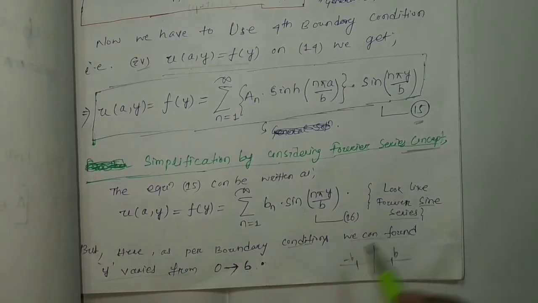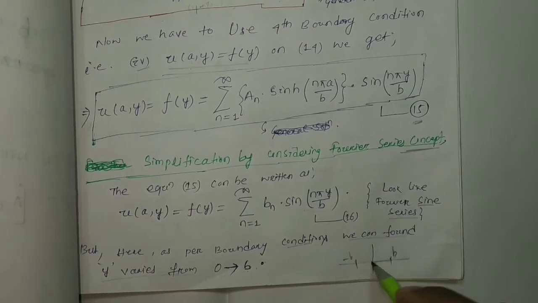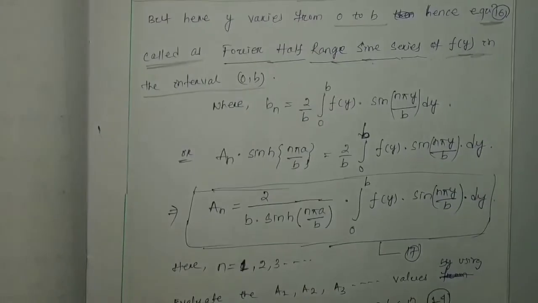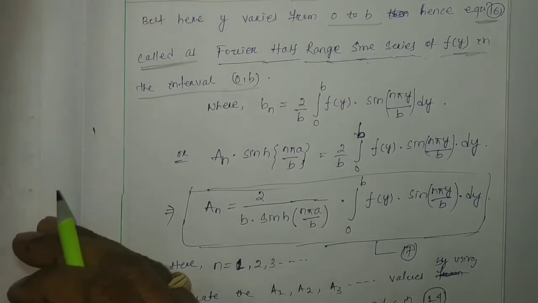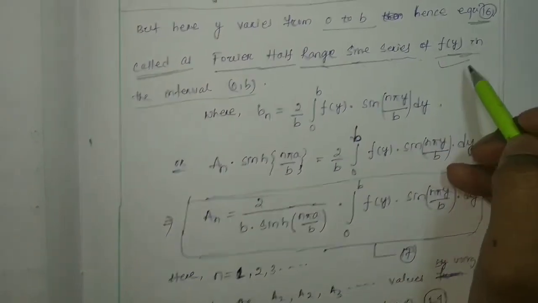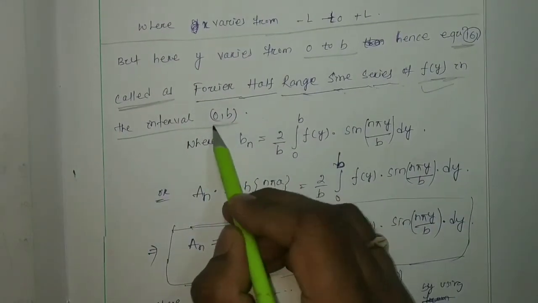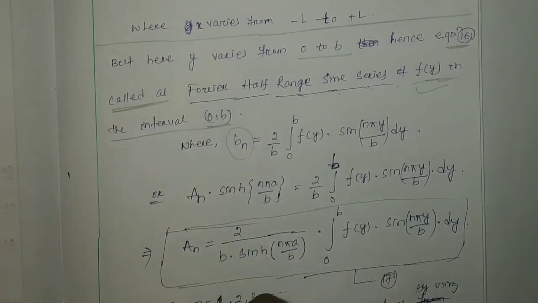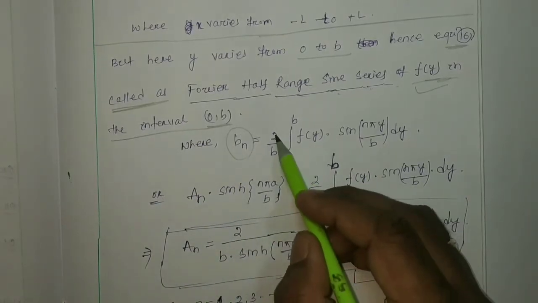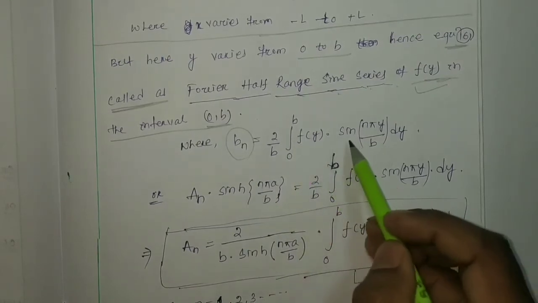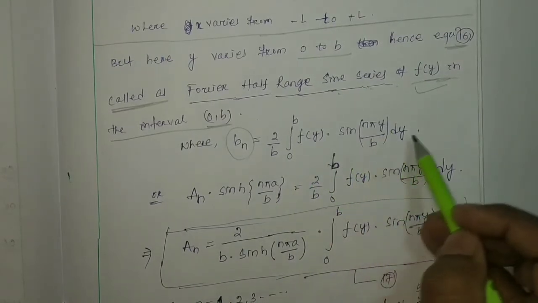But however, since it varies over only half the portion, equation number 16 is called the Fourier half range sine series of f(y) in the interval 0 to b, where bn is written as 2 by b, integral from 0 to b of f(y) into sin(n pi y by b) dy.